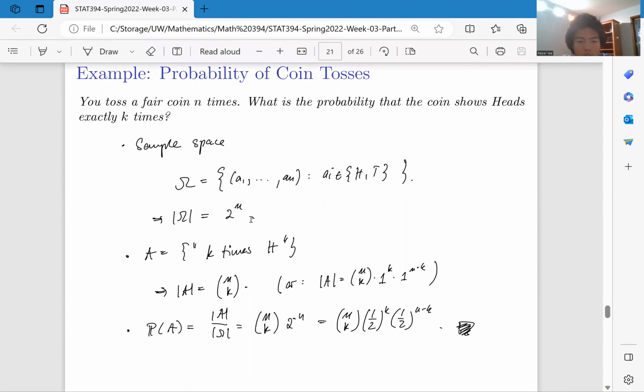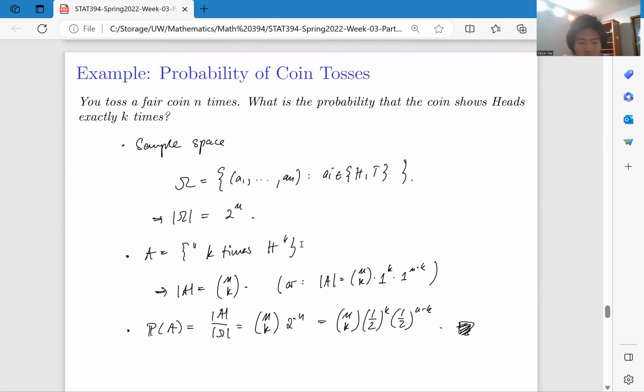So this is from the lecture before, and this is from the lecture today, because we get k times heads, which means we select n choose k permutations of the events, 1 to the power of k times 1 to the power of n minus k, because for heads there's only one choice, and for tails there's only one choice.